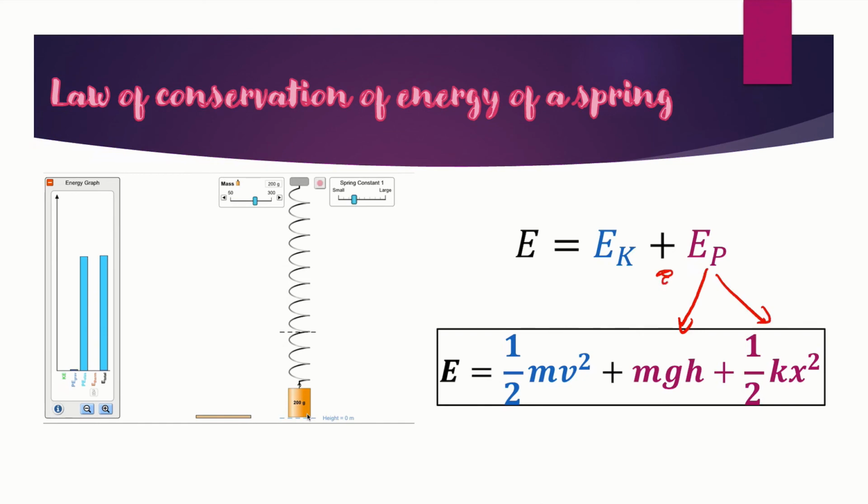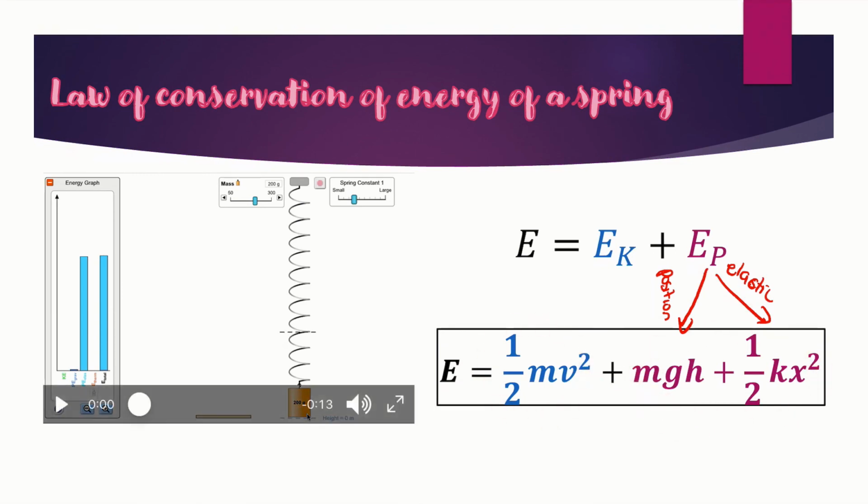The potential because of the position and the elastic potential energy. So for a spring, we have to consider these two potential energies. In order to find the total amount of energy in a system, we have to sum the kinetic plus both of the potential energies.